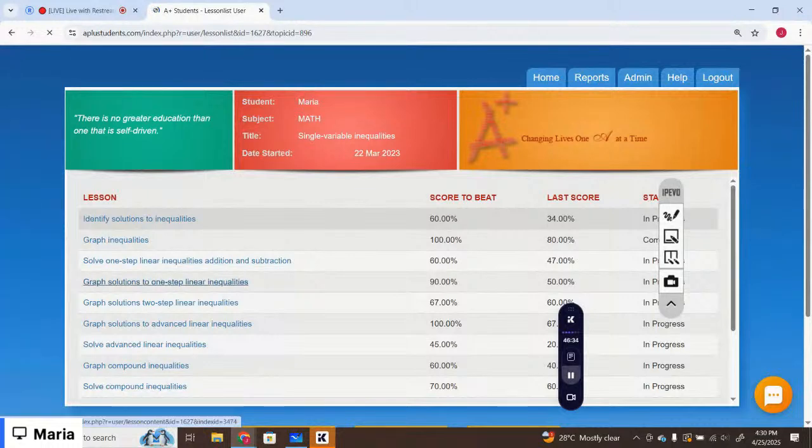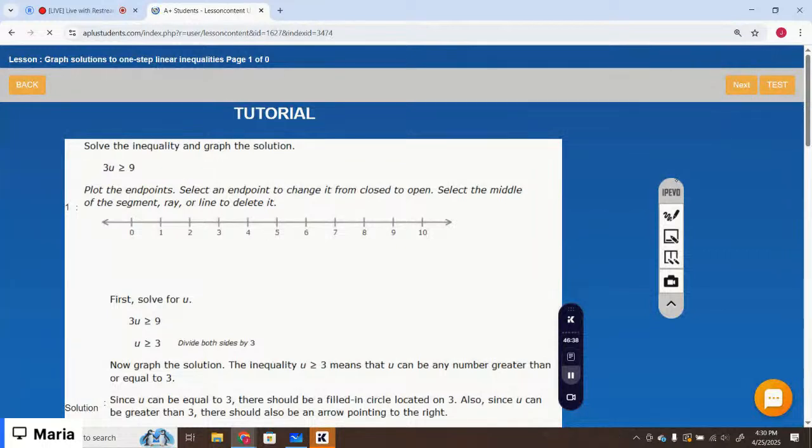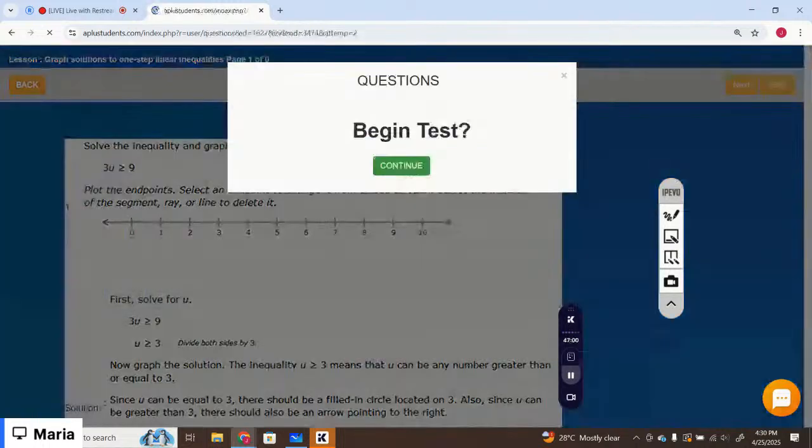The next lesson is graph solutions to one-step linear inequalities. Let's just start with the test questions.